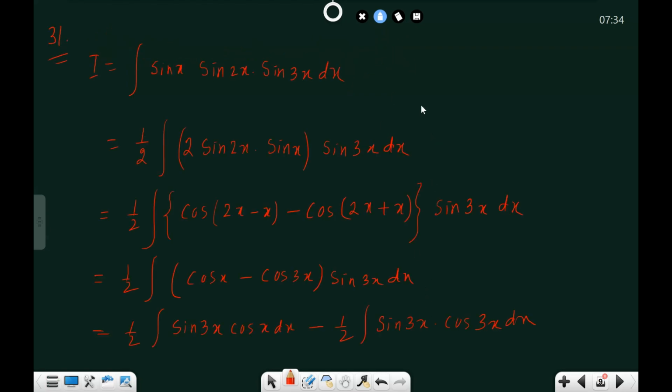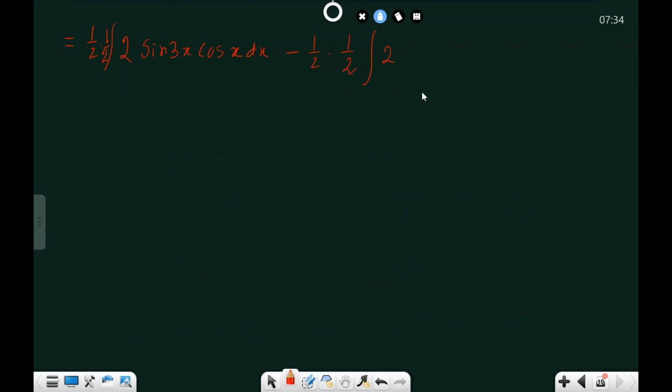The term was sine 3x and cos 3x, so I write here sine thrice x then cos thrice x dx.